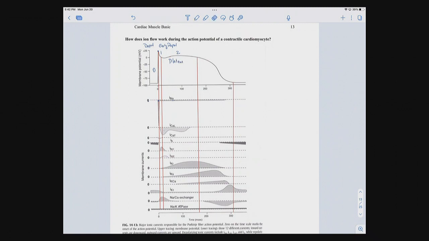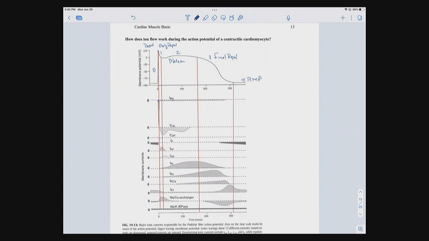Whoops, backwards there. And then phase 3 will be our final repolarization. And then phase 4 is going to be our resting membrane potential.